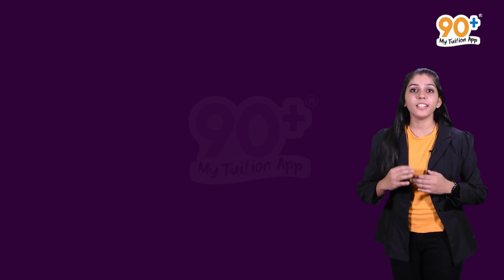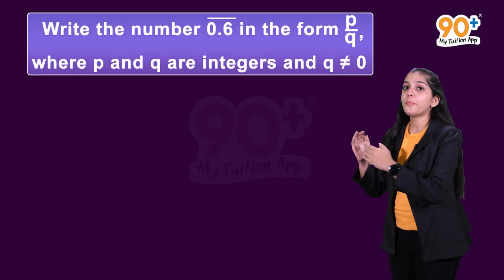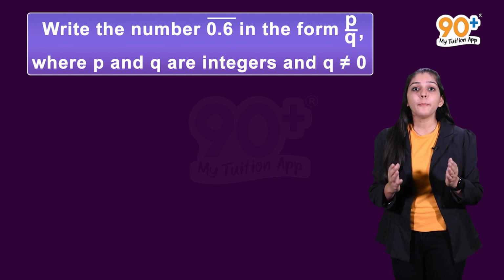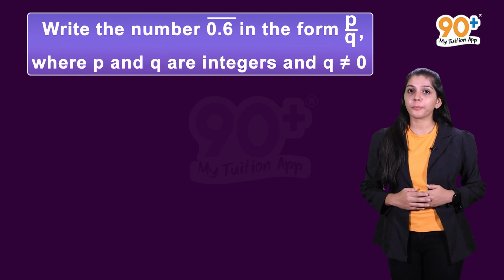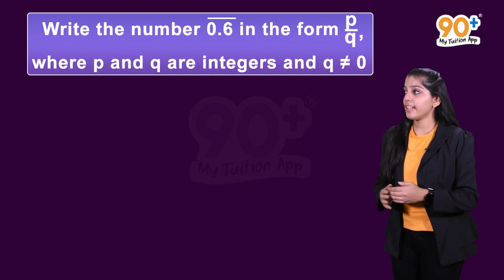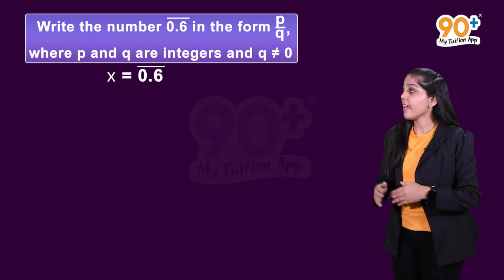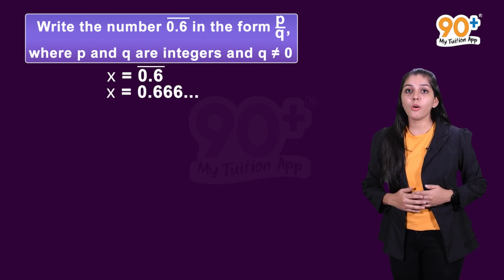Let's discuss another question. We have the question, write the number 0.6 bar in the form of p by q, where p and q are integers and q not equal to 0. Students, let's take x is equal to 0.6 bar. That means x is equal to 0.666 and so on.